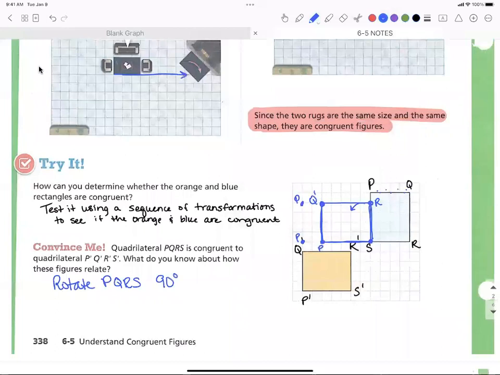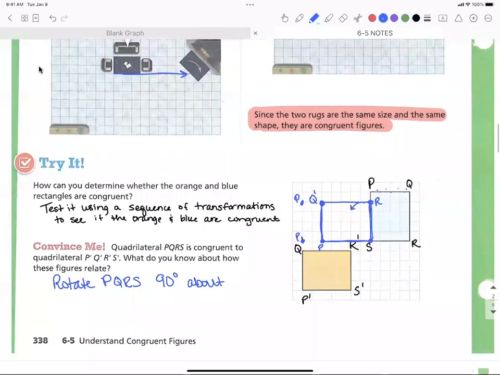What could I do with 90 to make sure it says counterclockwise? Negative goes clockwise. Would I leave it positive? If I leave it positive, that means counterclockwise. So I don't have to actually write out counterclockwise. Rotate PQRS 90 degrees about point S. Because remember, that was our rotation point. We left point S right where it was.